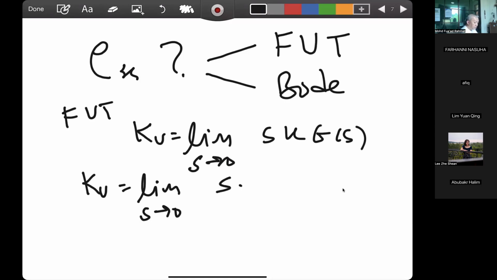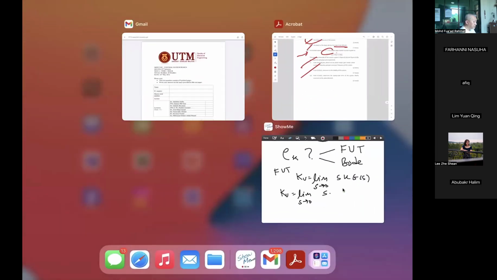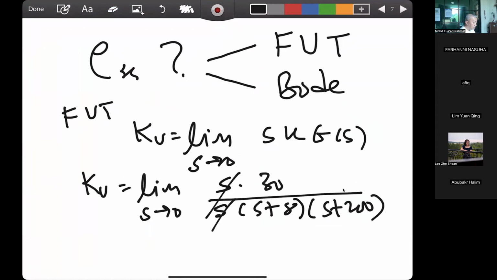S K berapa? What is K? K is 30? Abu Bakar, كم هذا؟ 0.012. Allah Rabbi. 200 or 20?